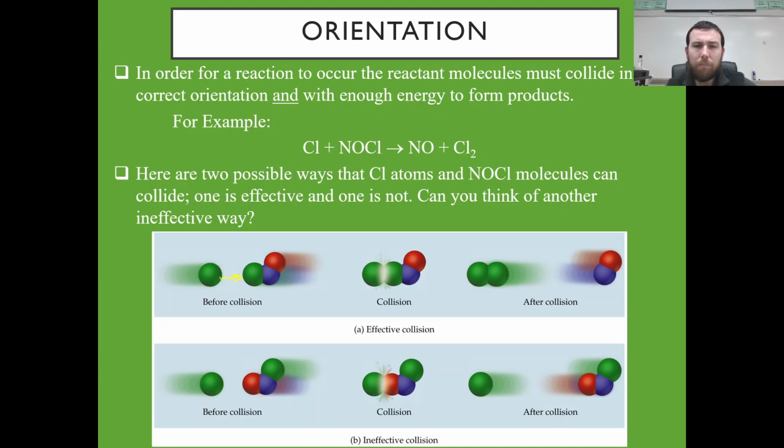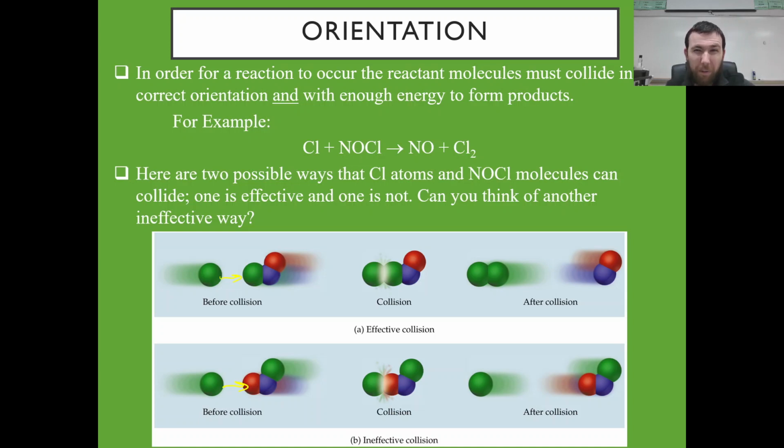In our ineffective collision, what we have happening is a collision between chlorine and oxygen, and not chlorine and nitrogen. So the collision happens, a bond doesn't form, and it just bounces off, right? That would be an ineffective collision.